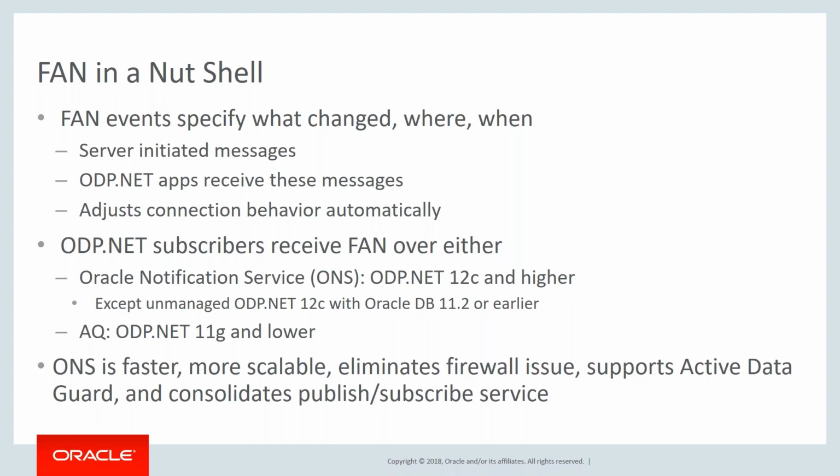If you happen to be using unmanaged ODP.NET 12c against an Oracle Database 11.2 or earlier, you'll still be using AQ. If you're using ODP.NET 11g, you'll still be using AQ, but eventually, as everyone upgrades, they'll always be using ONS, and that's optimal, really. And a big reason why we wanted to move to ONS is that it's fast.